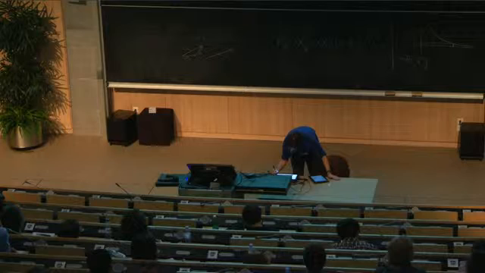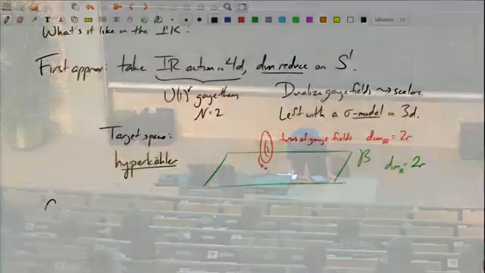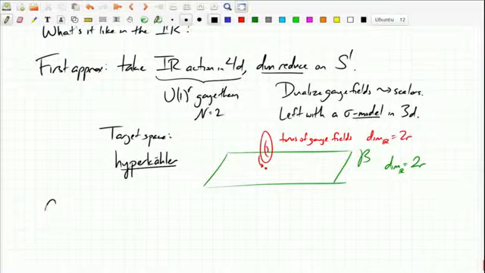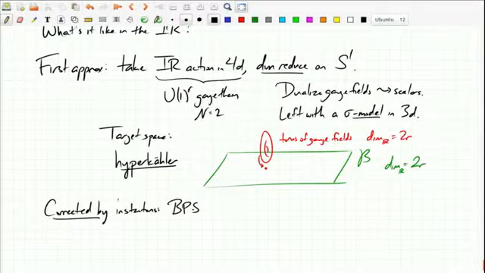So it's corrected by instantons, which are loops, a BPS instanton: BPS particles of the 4D theory going around the circle, which I'm calling S^1_R. It has radius capital R.